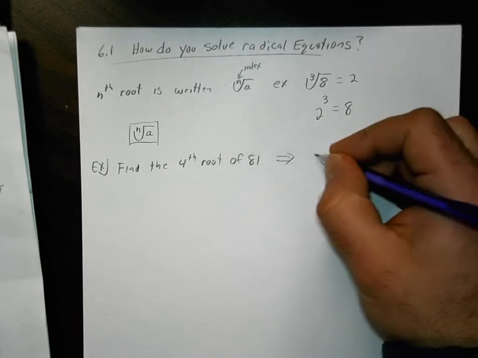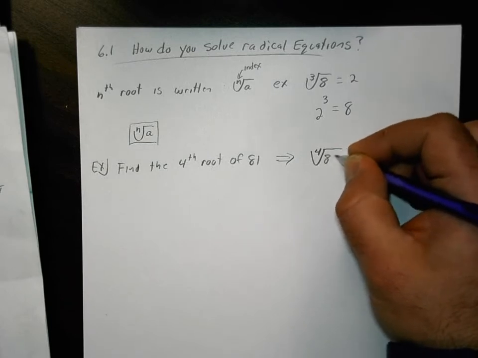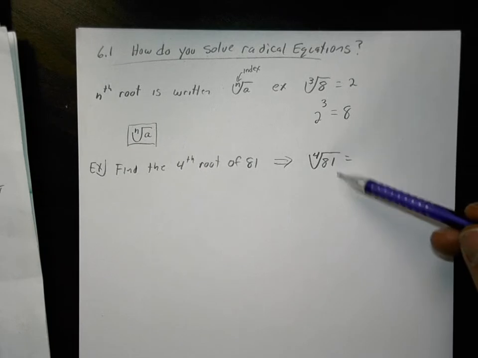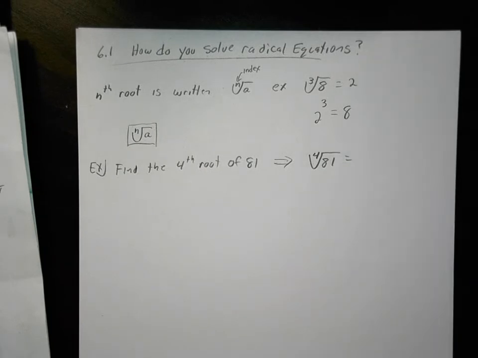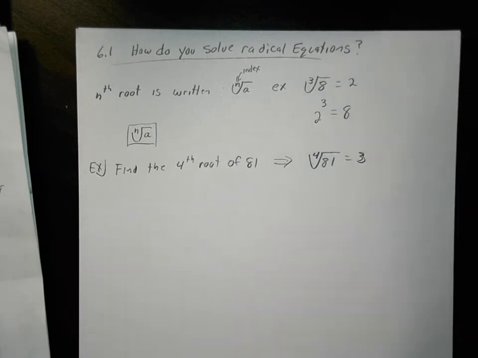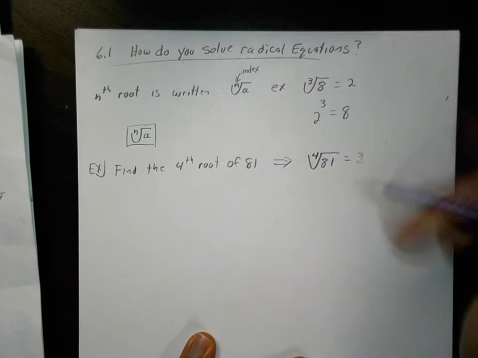The fourth root of 81 would be written with the 4 before it as your index. To figure that out, think about what number I would have to raise to the fourth power to get 81. And again, this would be 3, because 3 to the fourth power is 81.